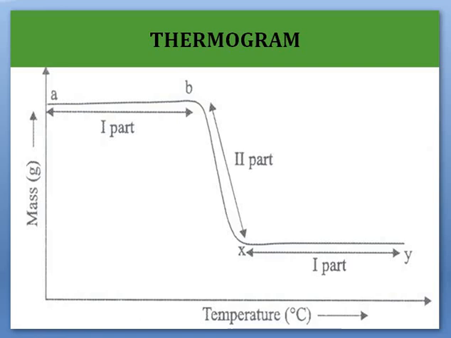The second region, where you can see a decrease in mass, is said to be the inflection region, and physical and chemical reactions take place in this region. As a result, mass loss occurs, and this mass loss is measured by the analytical balance. Here mass is plotted against temperature, and the graph is known as a thermogram.